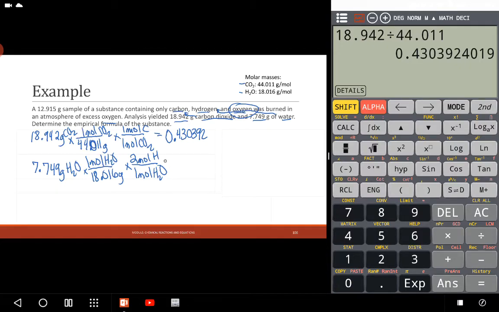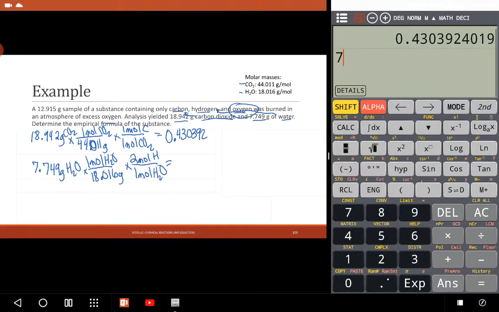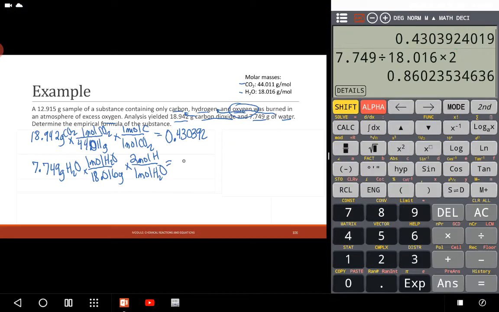So let's type that into our calculator. 7.749 divided by 18.016 times 2 is equal to 0.8623 grams of hydrogen. And that was grams of carbon. It's not grams, moles. We're in moles still.